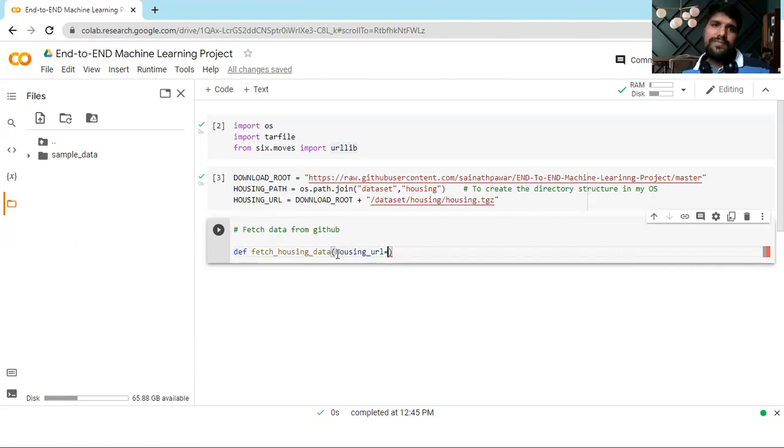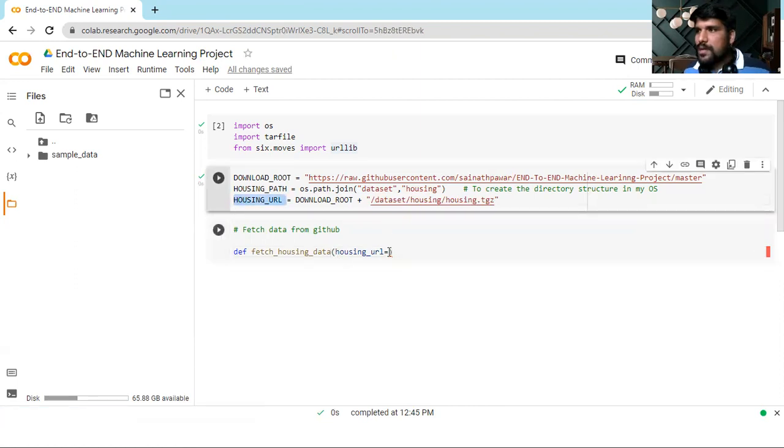We will cover it in the Python series, but while I'm doing this practical, I will explain in a minute or two so that you get the intuition behind what I'm doing. The good thing in Python is that you can give a default value. If the user is not passing any value to the function, the function can use the default one. So housing URL, by default, must use this URL.